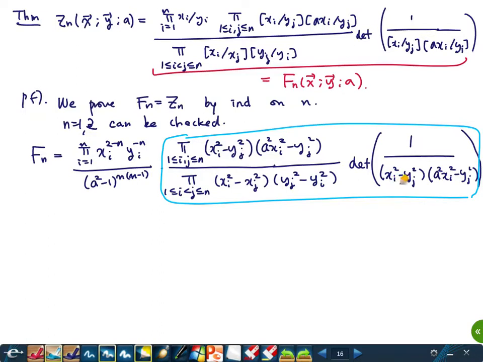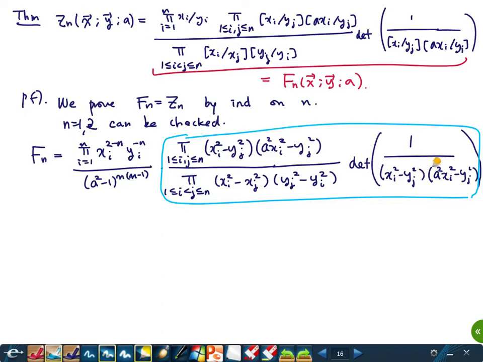If you swap xi and xj, because x is like an index for the rows, the determinant changes sign. So it is anti-symmetric in the xi squared; think of xi squared as just one variable. It is anti-symmetric in xi squared and anti-symmetric in yj squared.